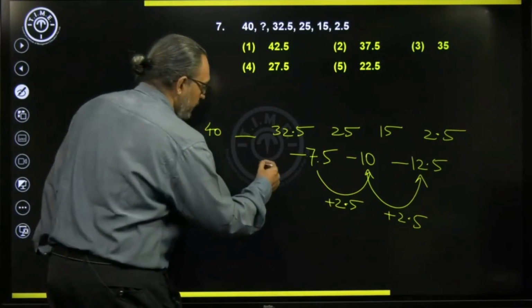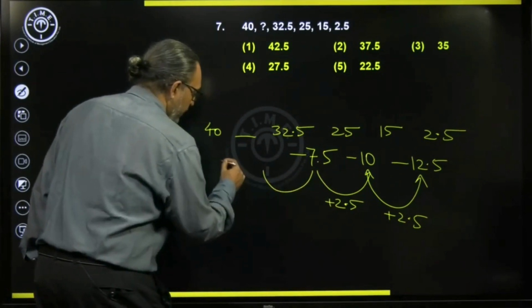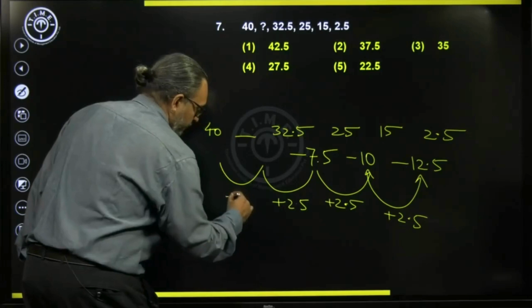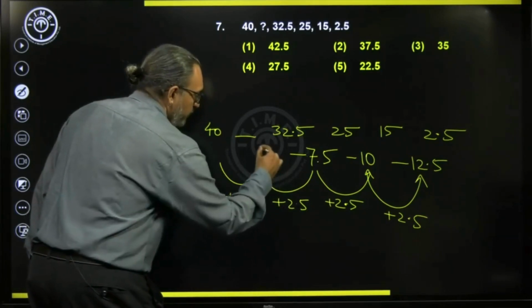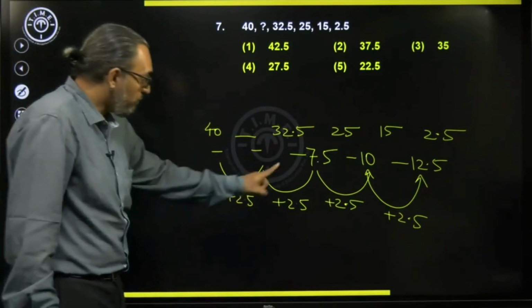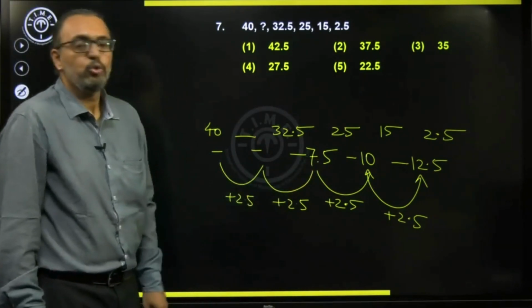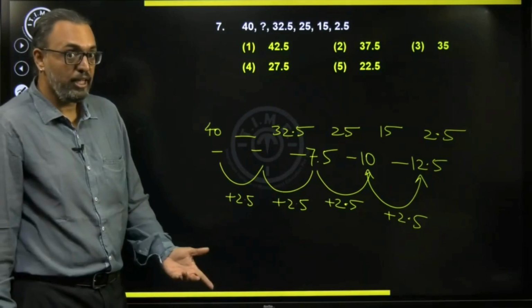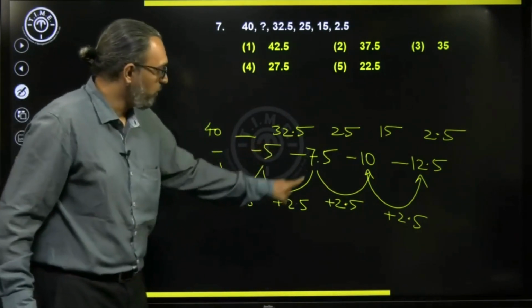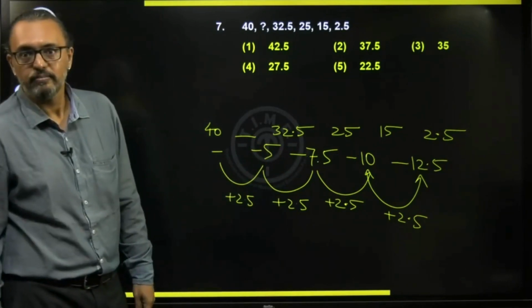So that means now from here to here and here to here, you should also have an increase of 2.5. But the numbers should be negative numbers. So now from 7.5 you subtract 2.5. So how much will I get? You will get 5, because 5 plus 2.5 gives you 7.5. Correct?